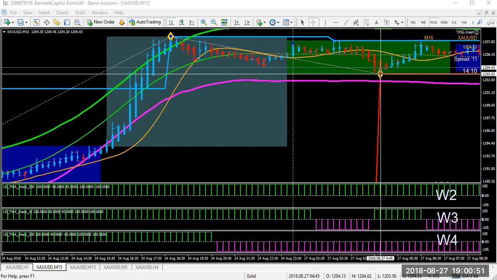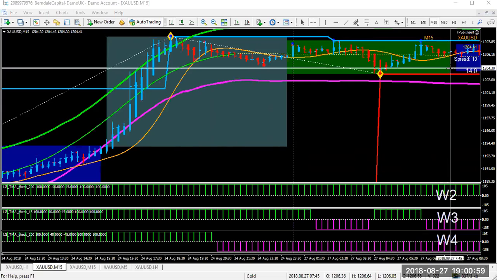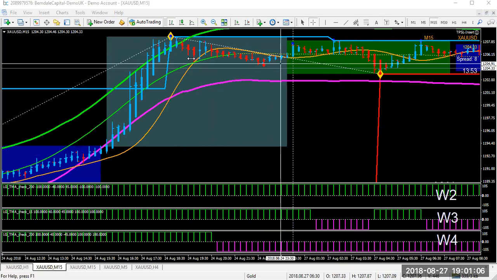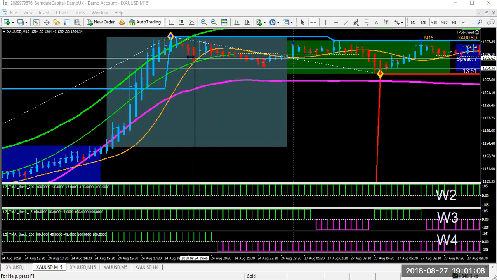Lowest is easy. We've got a diamond there. 1203.56, and close the very last candle, 1206.55.